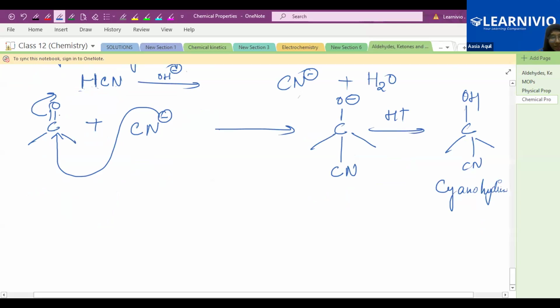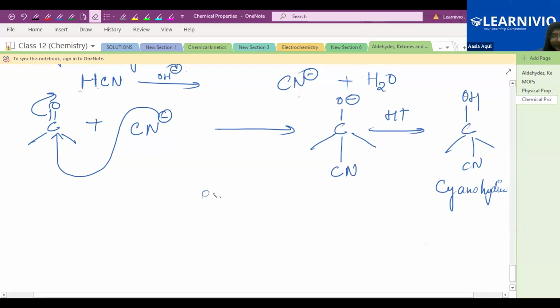Just break the double bond, attach hydrogen to the oxygen, and attach the CN group to the same carbon, so the CN group and OH group are on the same carbon. Whatever other groups are present, like CH3, just write them down. That's very easy.